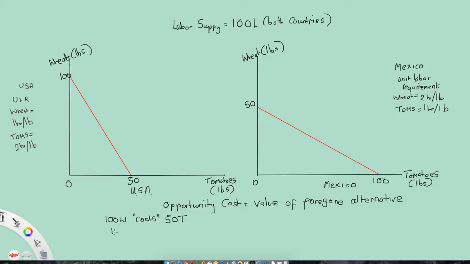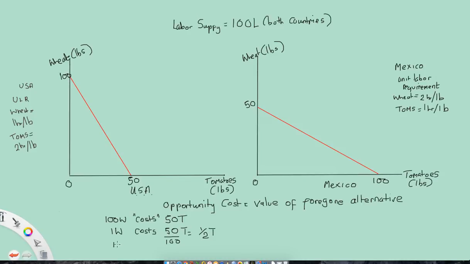So one wheat costs 50 over 100, dividing both sides by 100, which is half a pound of tomatoes. So the opportunity cost of wheat in the US is half a pound of tomatoes, and we could express that the other way too if we want to.